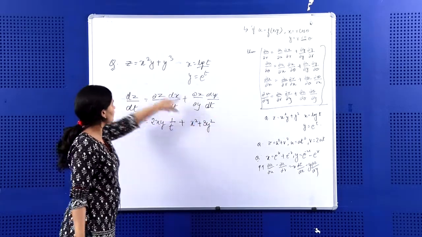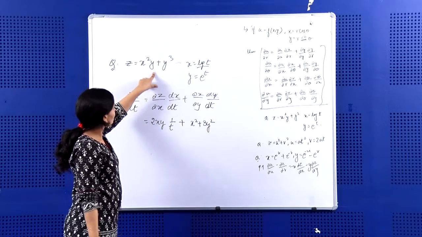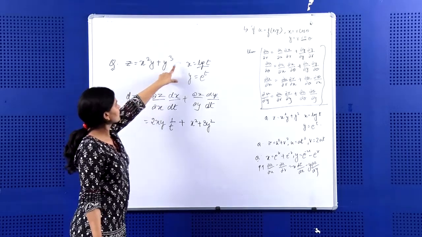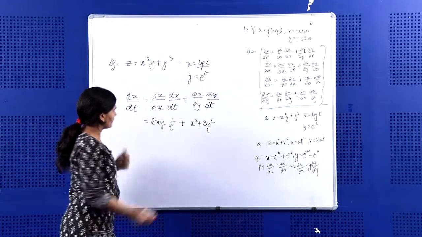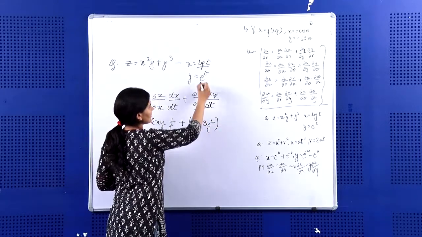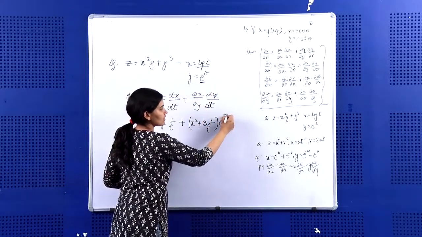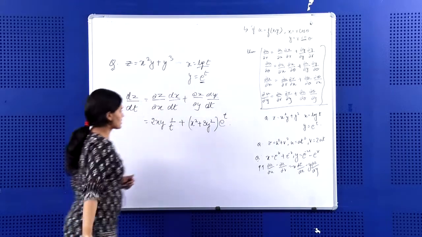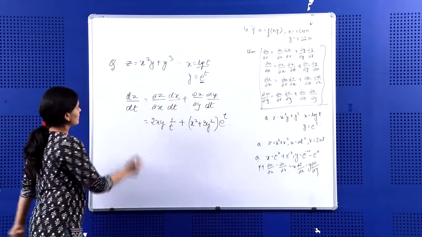With respect to y, x square is constant, the derivative of y will be 1 and y cube will be 3y square, into dy by dt, the derivative of e raised to power t is e raised to power t only. So, we are done with this. Let us solve one more.